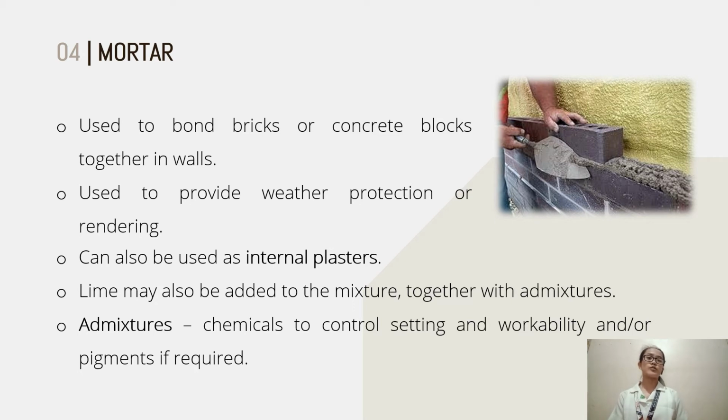This mortar mixture is used to bond bricks or concrete blocks used in walls to provide weather protection or rendering. But there are also types of mortar that can be used as internal plasters, though they should not be confused with the usually used gypsum-based plasters.